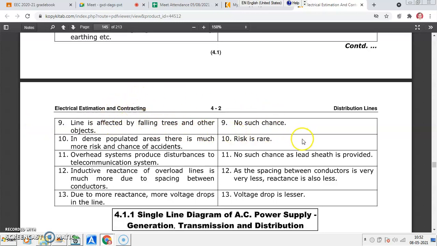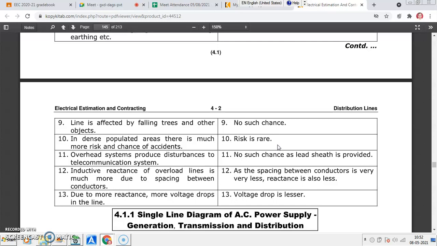No such chance is there in case of underground. In a densely populated area, that is, दाट लोकवस्तीचा जो एरिया असेल, in such cases there is more risk or chance of accident if you have an overhead system. But in underground you have less risk.